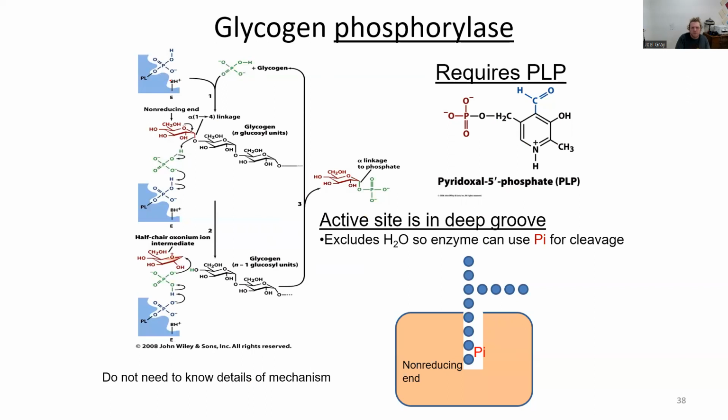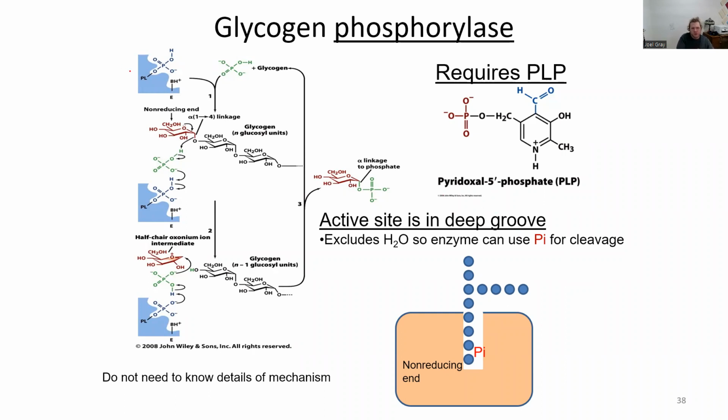Then we have, through an acid-base catalyzed, or actually this would be a covalent mechanism, what we're going to do is cleave off that individual glucose molecule, and with the help of this cofactor known as pyridoxal 5-phosphate, or PLP, that's going to help us cleave off those individual glucose molecules and process them as we need to. PLP is going to help us use that inorganic phosphate to cleave that off.